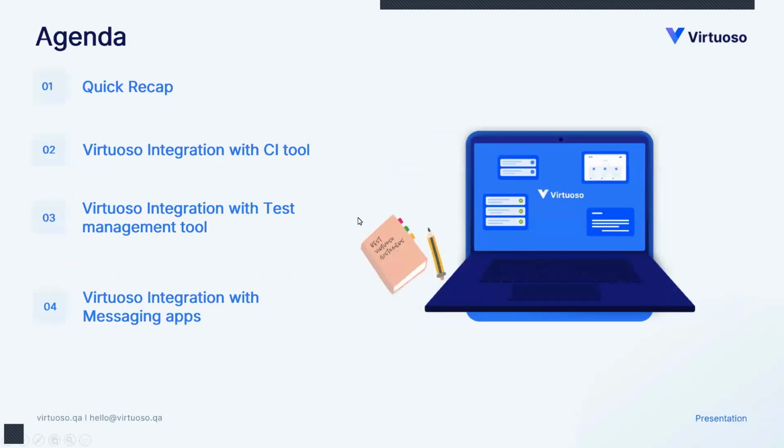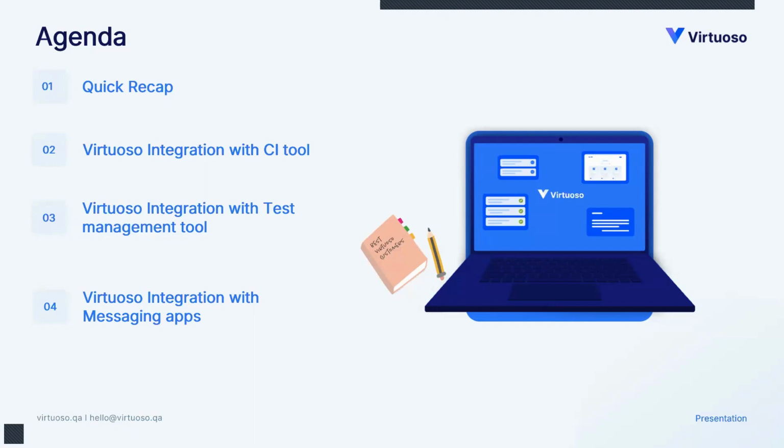We can quickly cover the agenda. The agenda for this call is we'll have a quick recap on whatever we were discussing in the previous session, and a quick recap on the Virtuoso tool. Then I'm going to hand this over to Asha, who's going to help you understand Virtuoso integration with CI tools. CI is continuous integration, as you might know already. She'll pick up one CI tool of her choice and show you the Virtuoso integration for that.